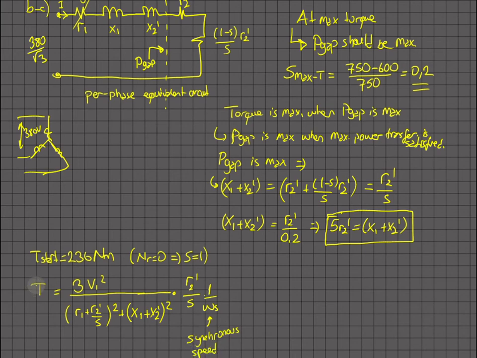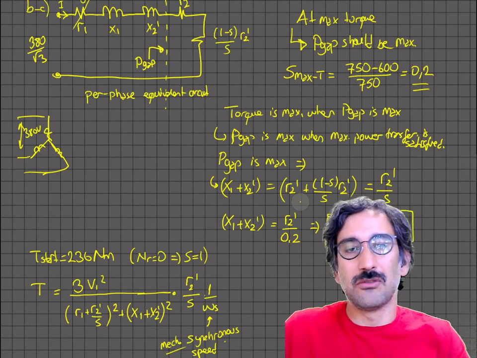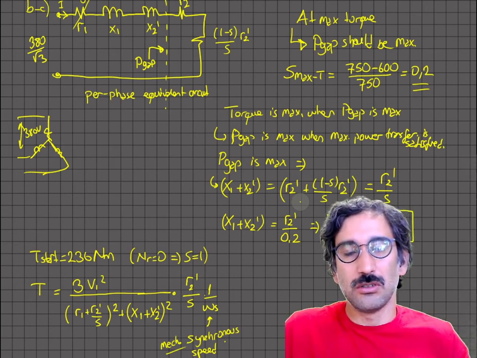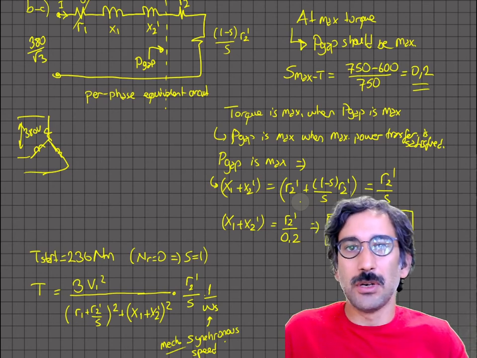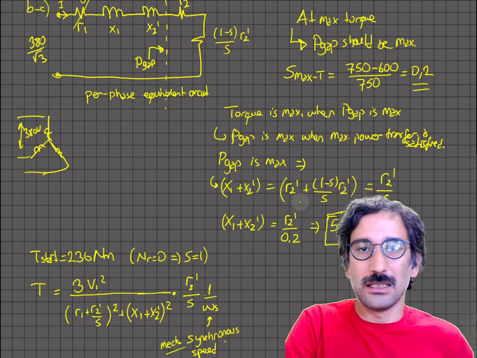But whenever you have torque, okay, don't get confused, it has to be the mechanical synchronous speed. So here we have a number of poles different from 2, so don't put the electrical synchronous speed. Whenever we are talking about the torque, we are now in the mechanical system.